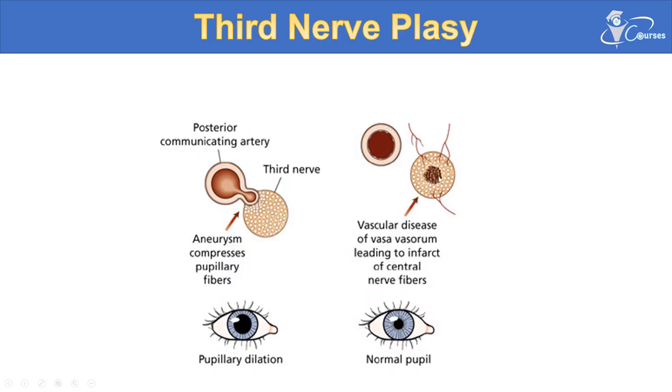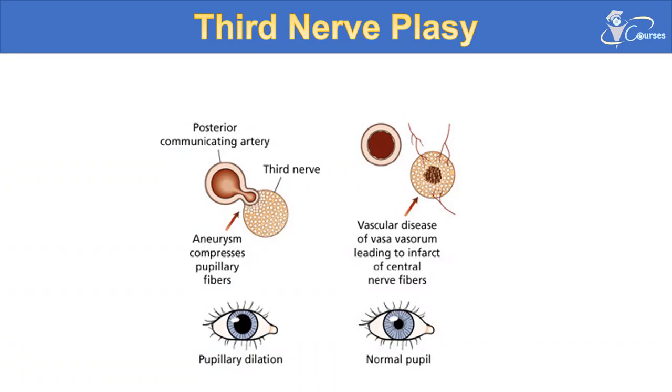So the central part will suffer more from the ischemia, leading to sparing of the superficially located pupillary fibers. So most cases of surgical causes may result in pupillary dilatation. Most cases of pupillary sparing are mainly a medical cause. But this is not always the rule.